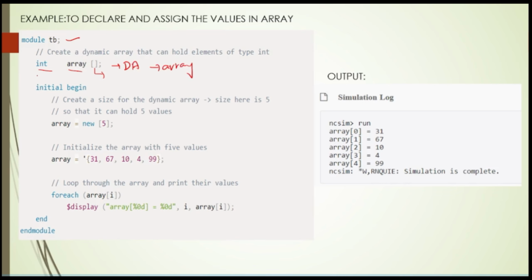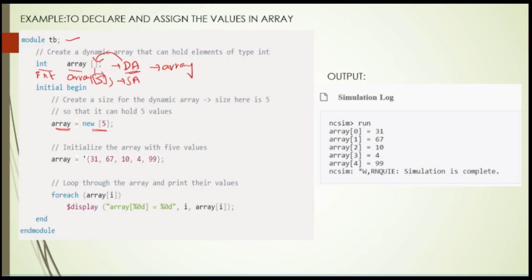In case of a static array, before initial begin itself you have to give the size of the array, like 5 or 6. That is the static array, but this is the dynamic array, where you use the square brackets.